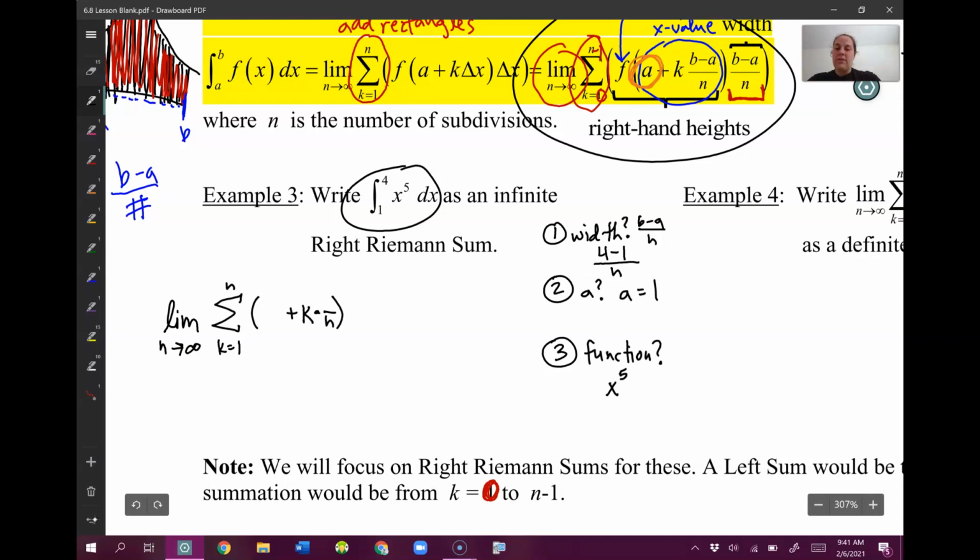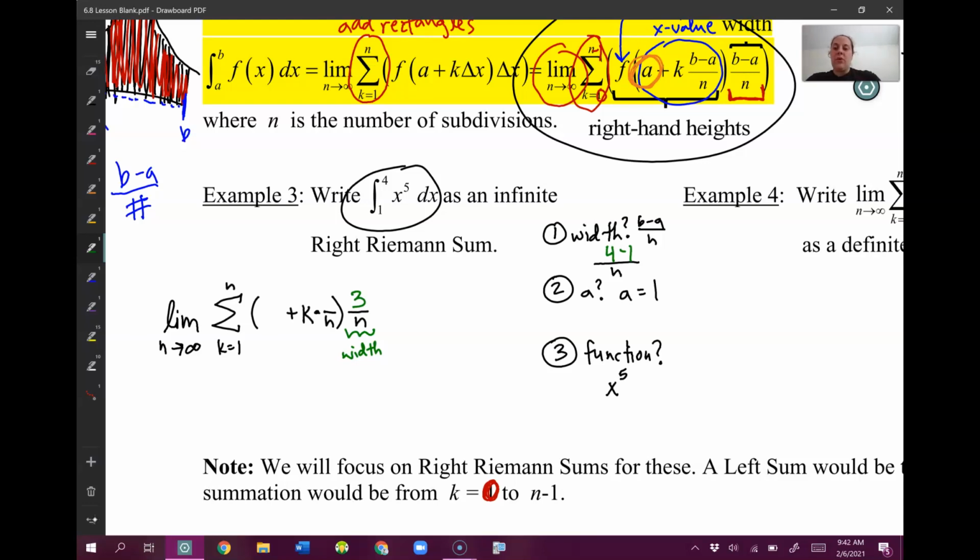This over n stays, and this over n stays. Okay, this all stays the same. Now, let's do right here, that is your width. So whatever we found over here from our width, so we got 4 minus 1, that's what goes there. That's step 1, find your width.